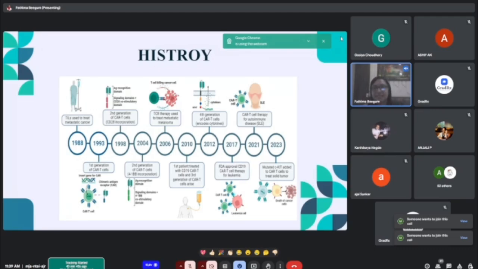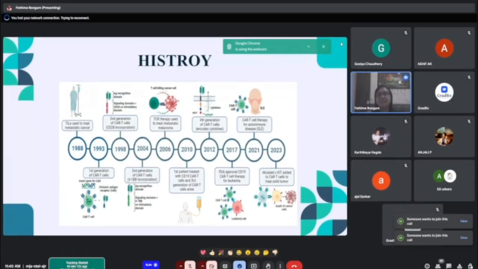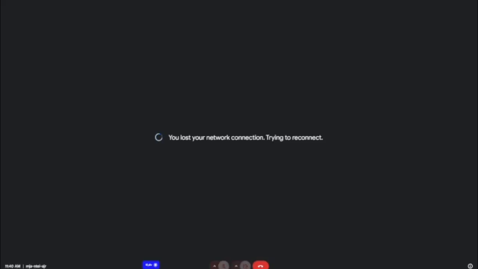So in that case, we have mutated the CAR with c-kit. It is used for solid tumors, clinical trials have already been done, and it is very good for treating solid tumors. The half-life of the therapy is increased, and the ability to destroy tumor cells has also been enhanced.